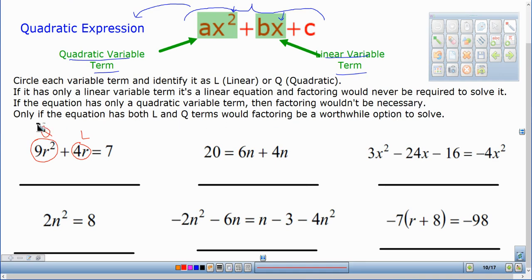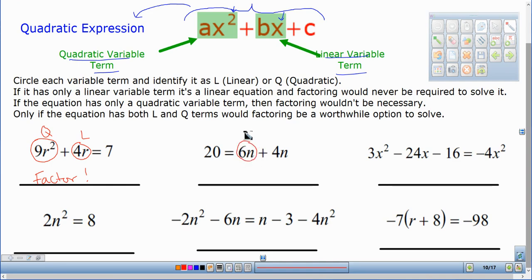It's really only when we have both a linear and a quadratic term that factoring would be worth checking into. So this one, because it has both, I'm going to say yes, let's try to factor that. We're not going to do that here, but that's the situation in which we would factor.